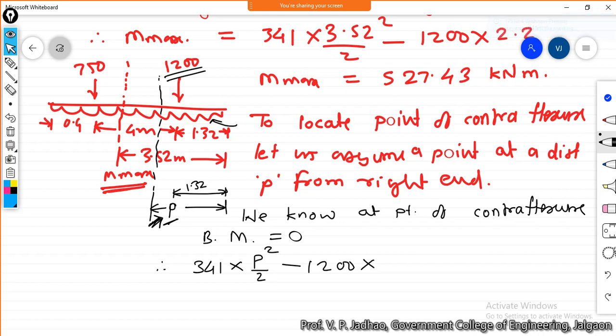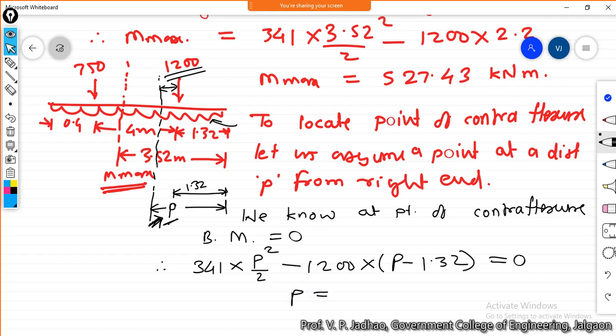So the distance we want will be equal to small p minus 1.32. So this is equal to 0. Why 0? Because we are considering that at this location the bending moment is 0, that is, this is the point of contraflexure. So we get this value p.